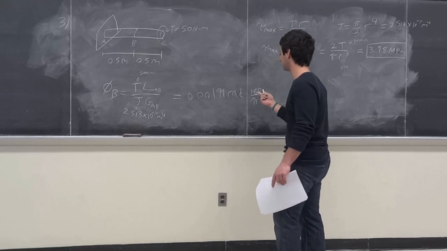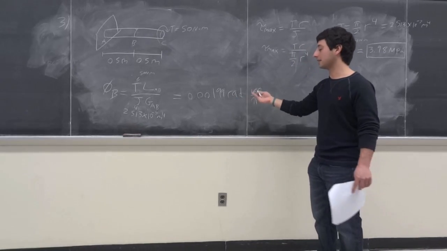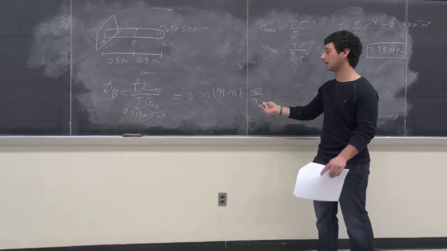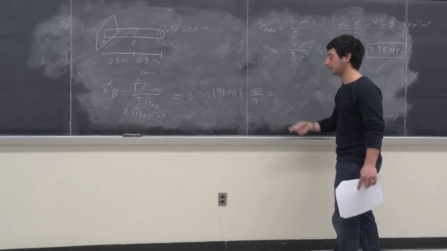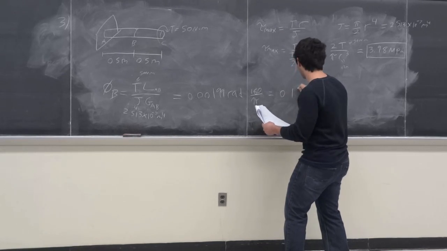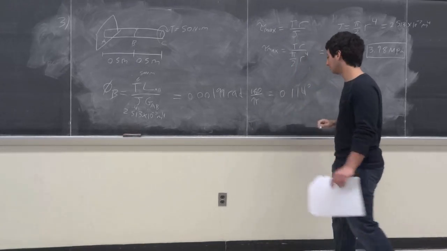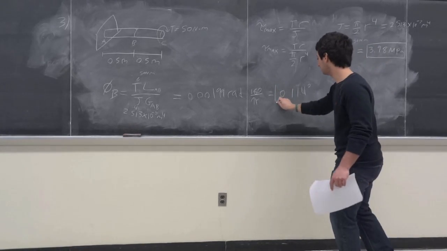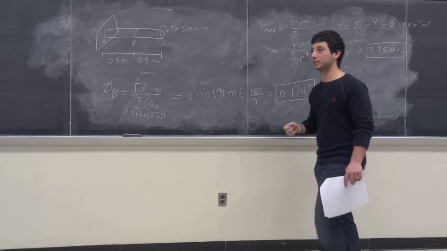If they gave you degrees and you wanted radians, you multiply by pi over 180, but you want degrees, so it's 180 over pi. So this is 0.114 degrees. Okay, so that's the angle of twist at B.